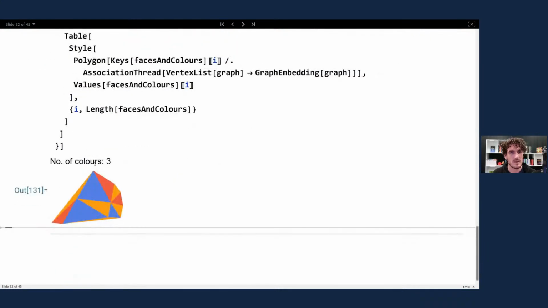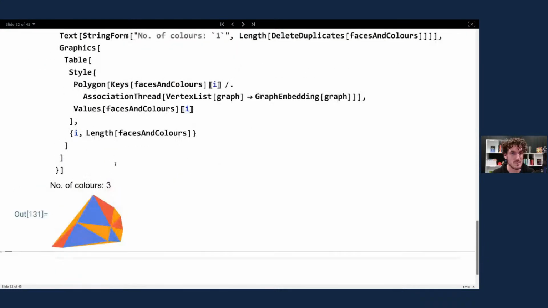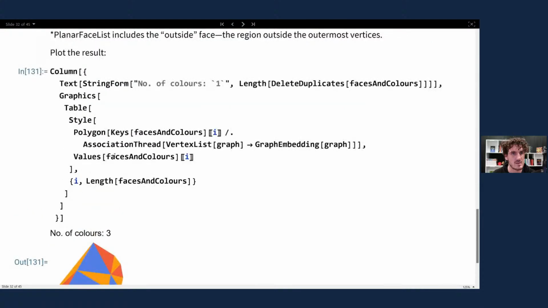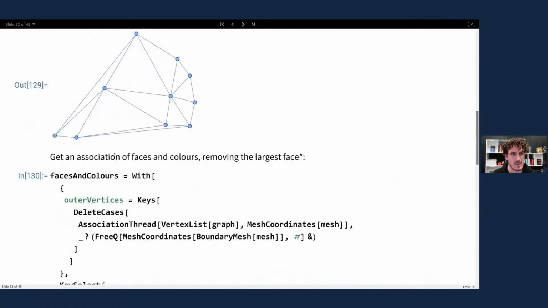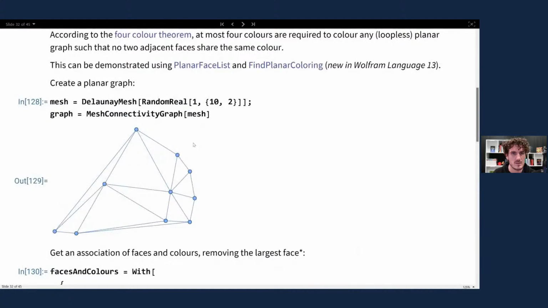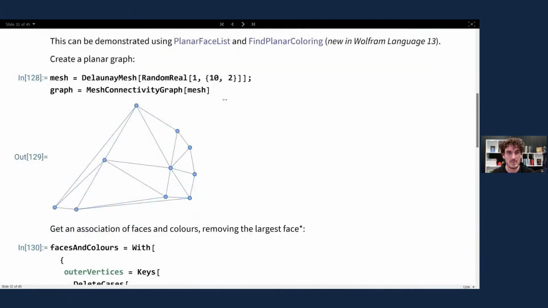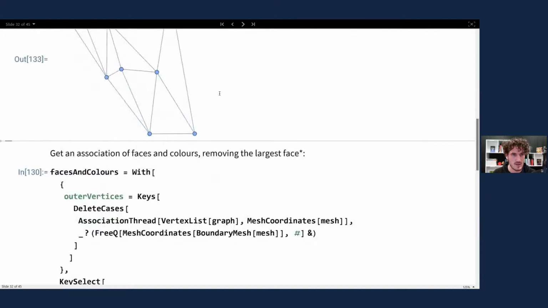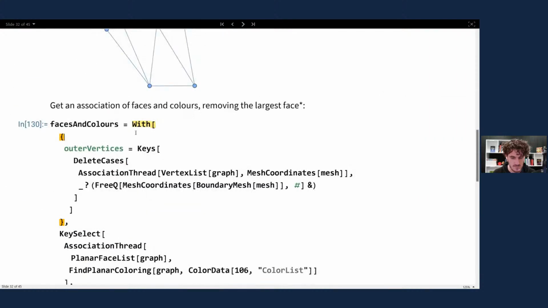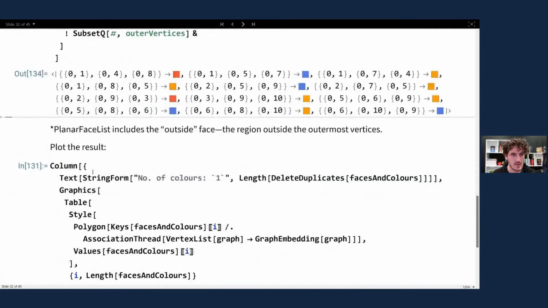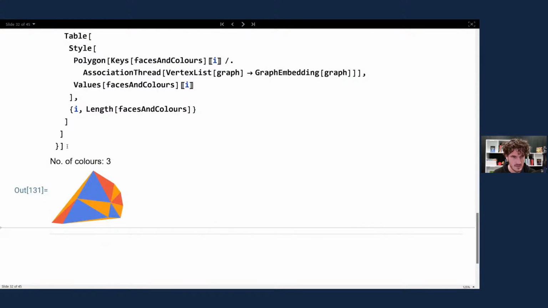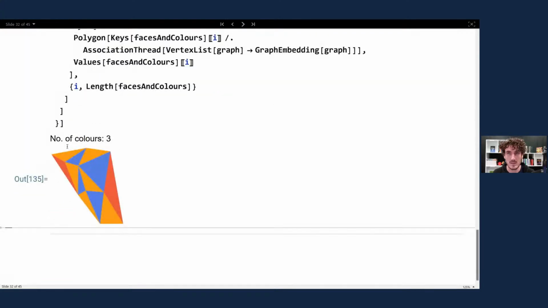There we go. It's been nicely labeled with 3 colors. So it actually only needed 3 colors for this. So we could go back, make a new graph. Well, let's do it. Completely new graph. We'll define a new faces and colors, and we'll run this again. Okay, so it still only needed 3 colors.